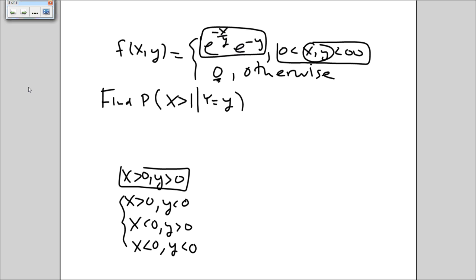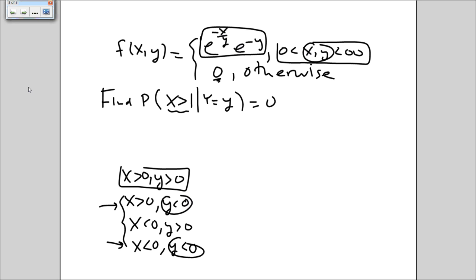Okay, so if you're given this case or that case, notice that y is less than 0. What is the probability that x is positive? Well, you can do it easily. It'll be 0.